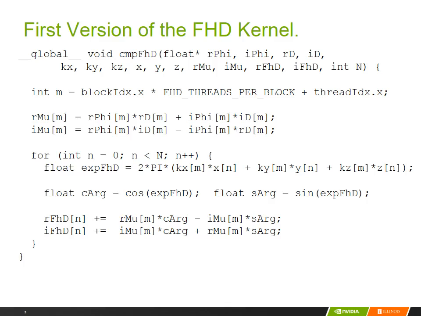But since all the threads are going to be iterating through the same N values, the threads are guaranteed to have conflicts. So all the threads in a warp will have guaranteed conflict when they try to do the atomic operation on these elements. So the performance is going to be very bad for this particular version of the FHD kernel.